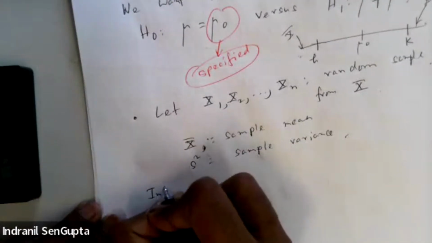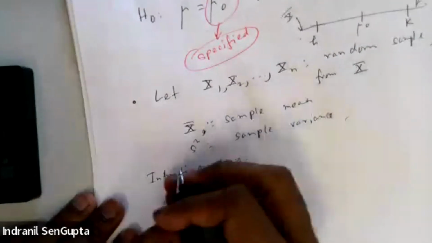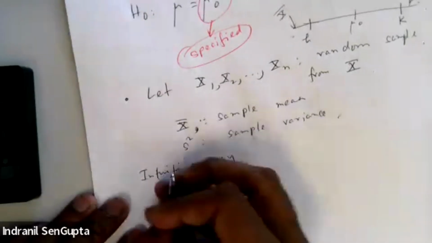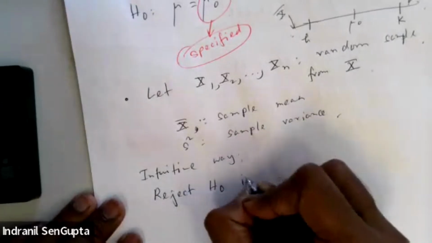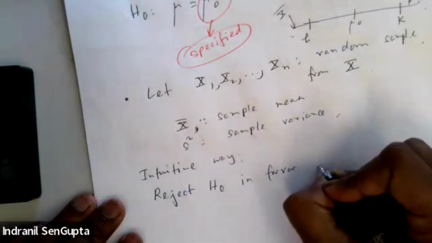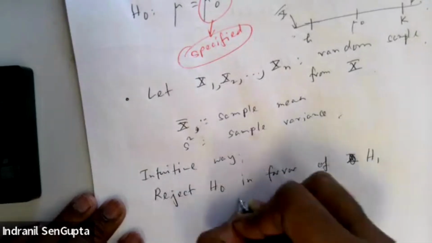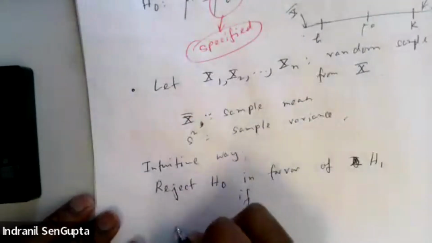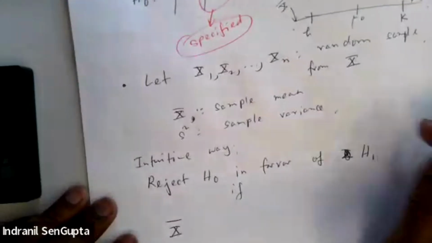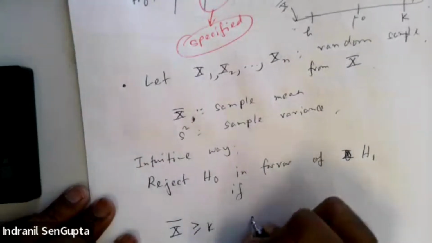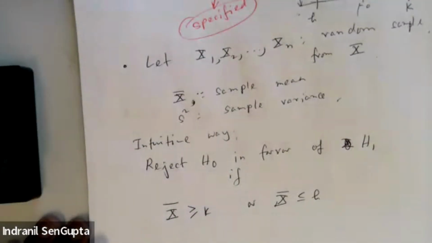Our intuitive decision rule is: reject H sub zero in favor of H1 if, as I drew there, X bar is more than K or X bar is less than H with certain confidence.